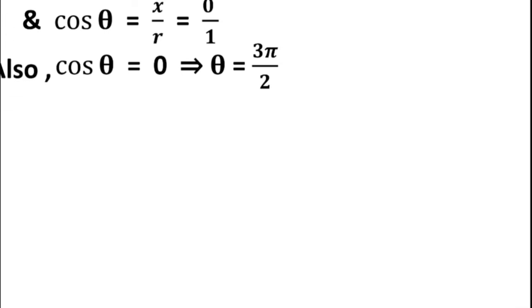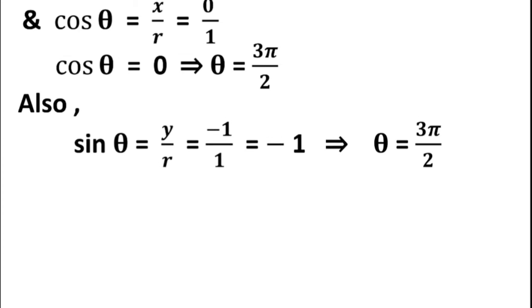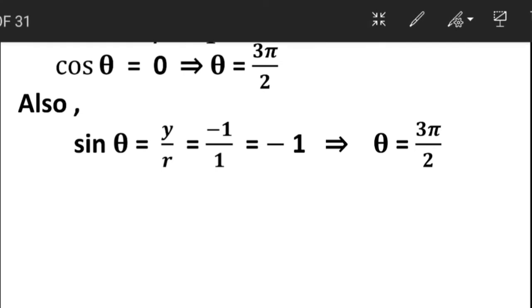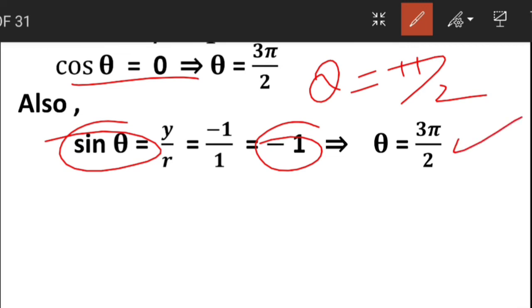Cos theta is 0, then theta is nothing but pi by 2 or 3 pi by 2. But you have to observe sin theta. What is sin theta? Minus 1. Sin pi by 2 is 1 and sin 3 pi by 2 is minus 1.